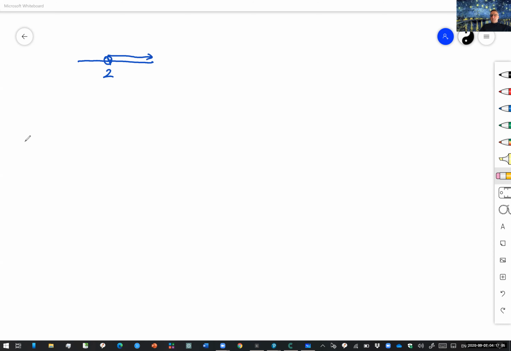There are two ways I can express those numbers. One is set builder notation. I can say all x, that means all real numbers x, such that, this bar means such that, it means I'm about to describe what kind of numbers. Such that what has to be true? x has to be greater than 2, right?